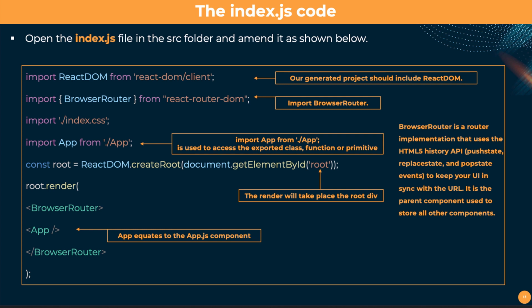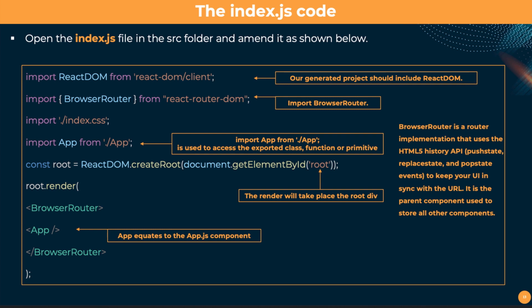So we import the component into this index.js. And then we use the root that we looked at in the index.html. We want to get that element by its ID, which was root, and we want to render anything that we want at that particular part.